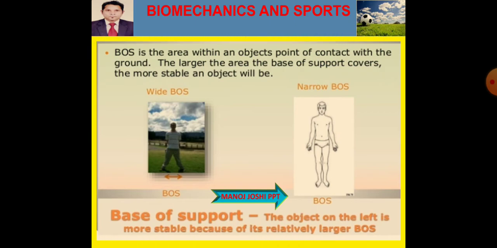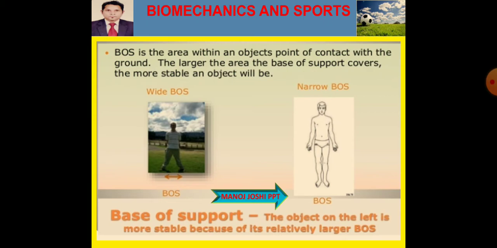BOS, is the area within the object's point of contact with the ground. The larger the area the base of support covers, the more stable an object will be. The base of support should be larger. Like in the first picture we can see, base of support, like how often a person is more stable.